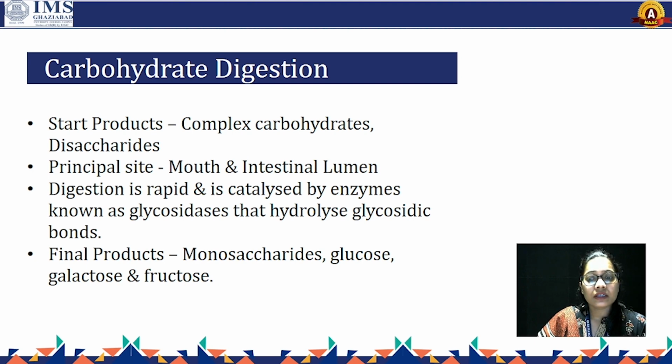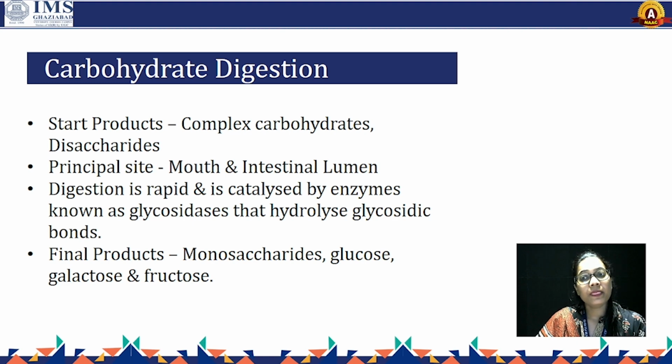The basic products which we consume as carbohydrates include complex carbohydrates and disaccharides, like lactose, sucrose, and fructose, and starch in the form of whole grains, pulses, potatoes, sweet potato, and so on.